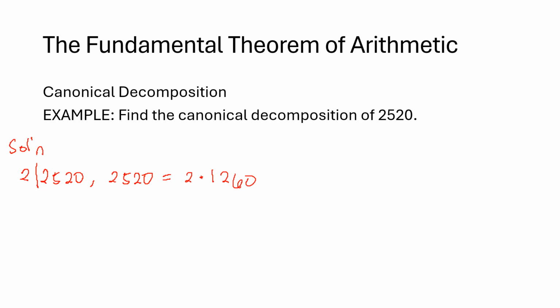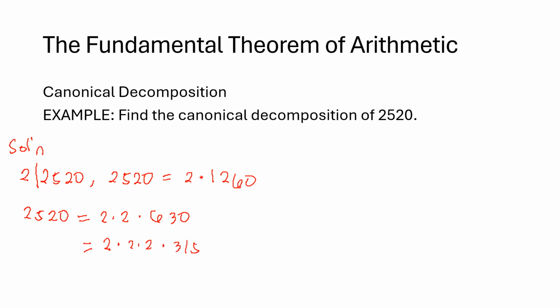Now, 2 is a factor of 1260. So, 2520 is equal to 2 times 2 times 630. And then again, 2 divides 630. So we could now have 2 times 2 times 2 times 315.